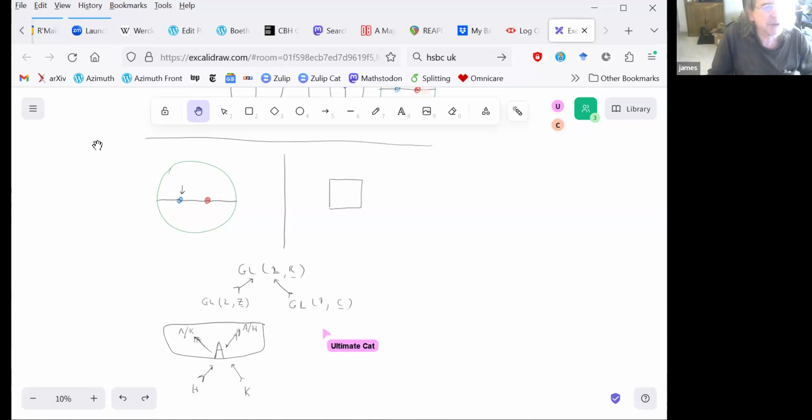So the pullback of a cospan is a span. Now, if you took that pullback in the category of groups, then you would get just the intersection of H and K. But it's somewhat more interesting, but closely related, to take the pullback in the 2-category of groupoids.